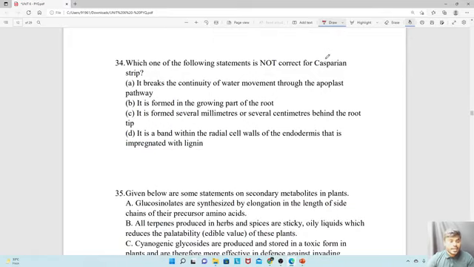Great. Okay. Think and answer this question. Don't be in a hurry. This question is easy. I want you people to remember where exactly the Casparian strip is present. And once again listen, they are asking which is not correct.